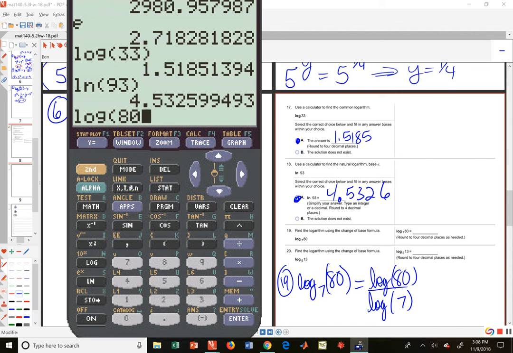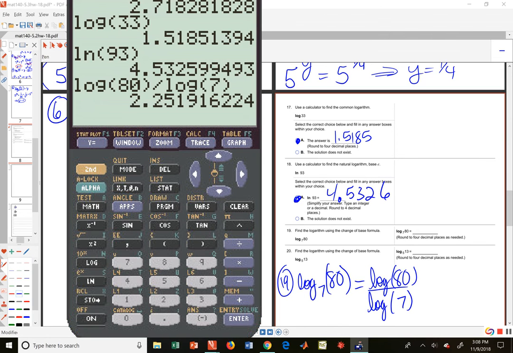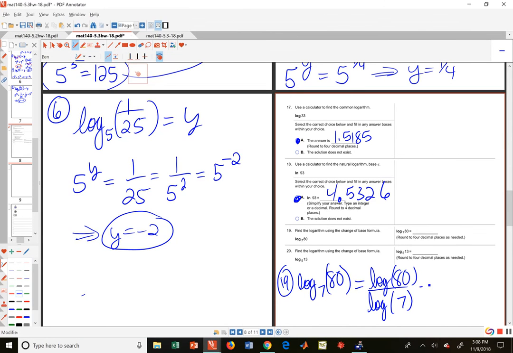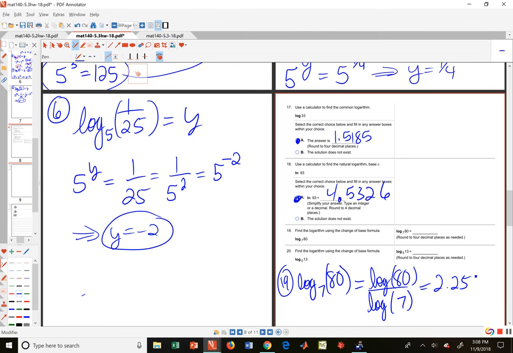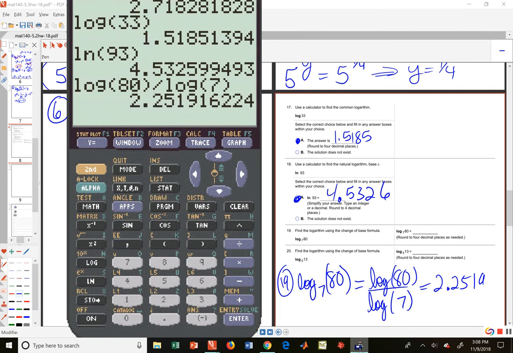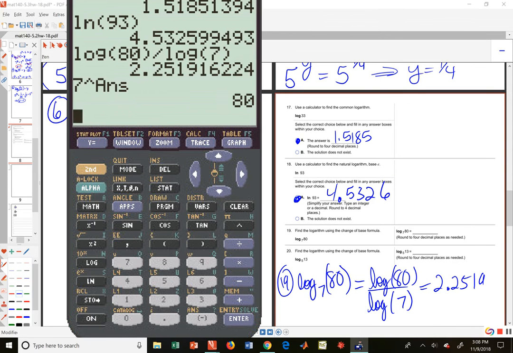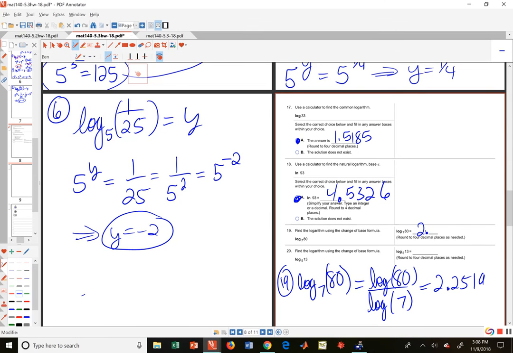Log of 80 divided by the log of 7. So the log base 7 of 80 is 2.2519. Now what this means is that is the exponent that if you took 7 and raised it to that exponent, you would get 80 back. That's what we're talking about here. It is the exponent on that base that will create that value.